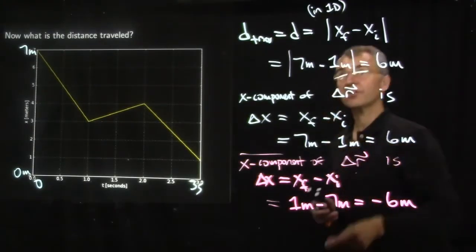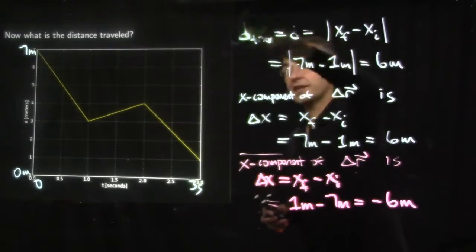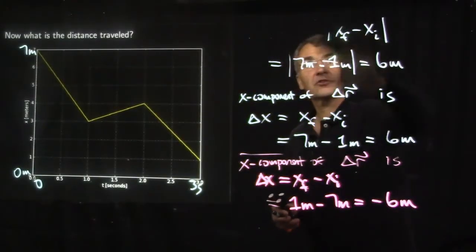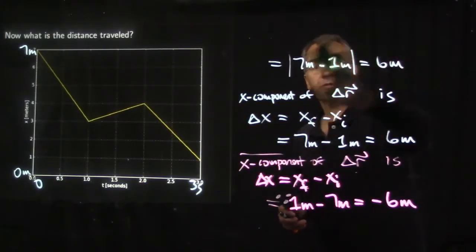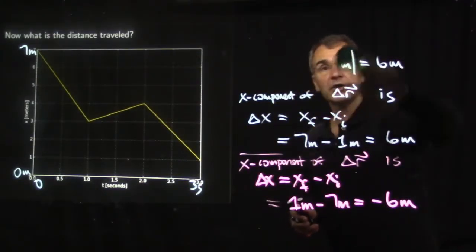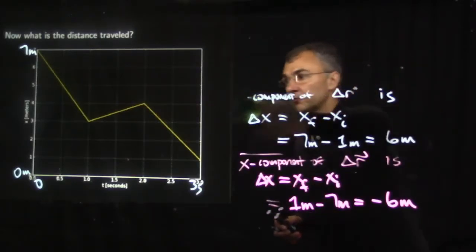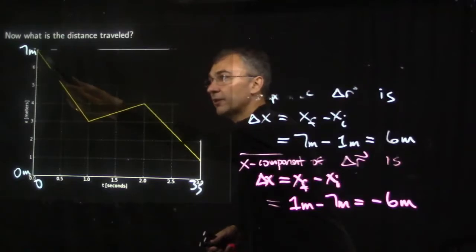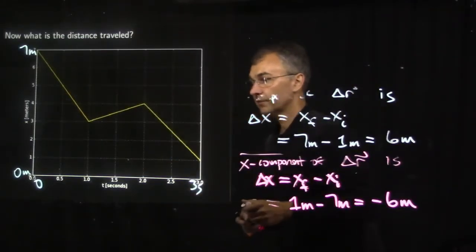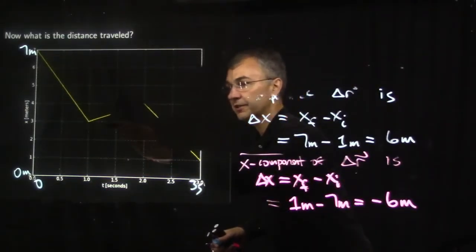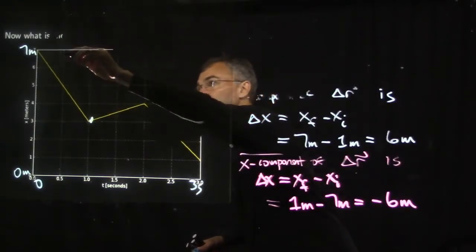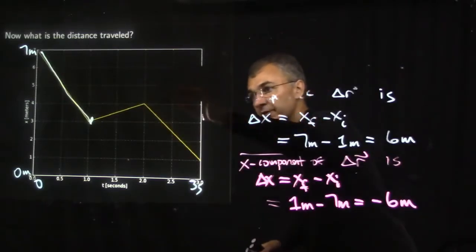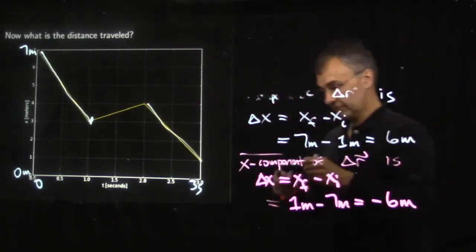So we have to ask ourselves, in this case, do we ever change direction? Do we ever change from going forward to going backward, or from going backward to going forward? And I think we do, because we're going backward from 7 meters, in this interval. And then we're going forward in this interval, and then we're going backward in this interval.